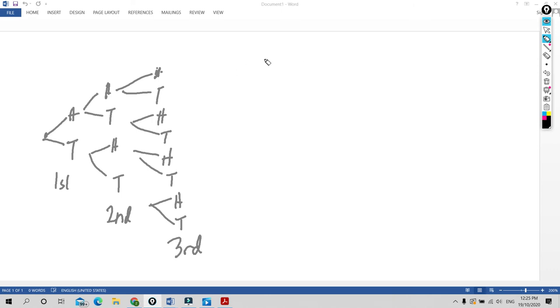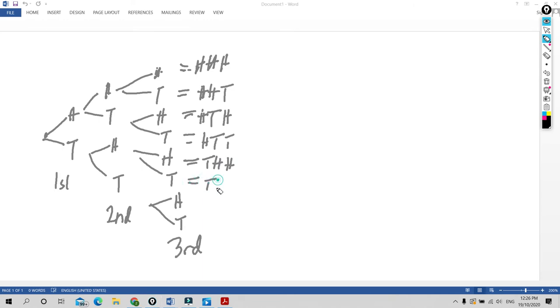The sample space here is: head, head, head; head, head, tail; head, tail, head; head, tail, tail; tail, head, head; tail, head, tail; tail, tail, head; and the last one is tail, tail, tail.